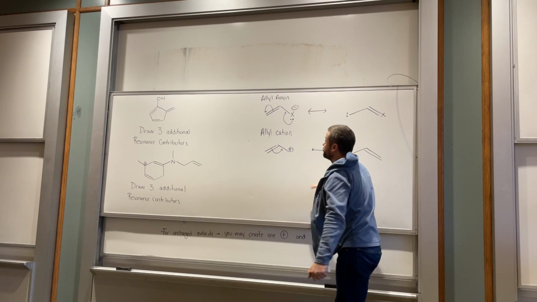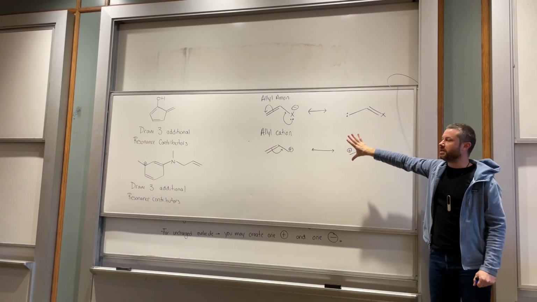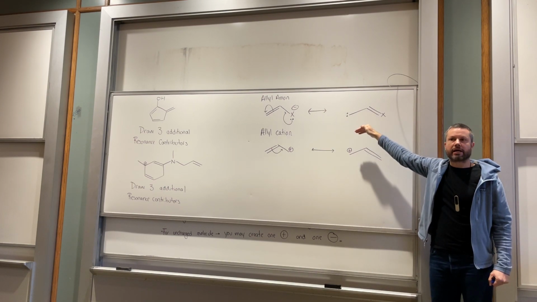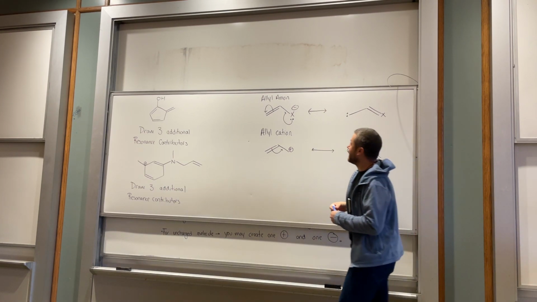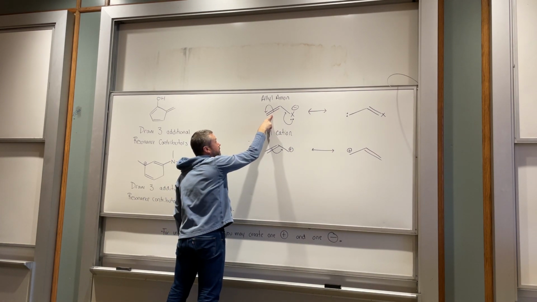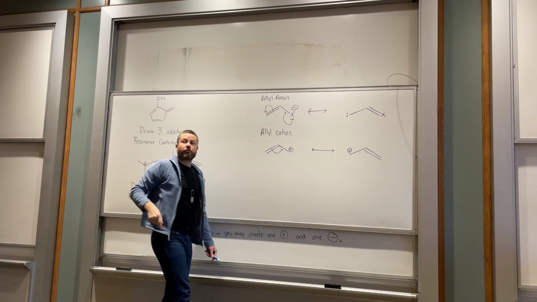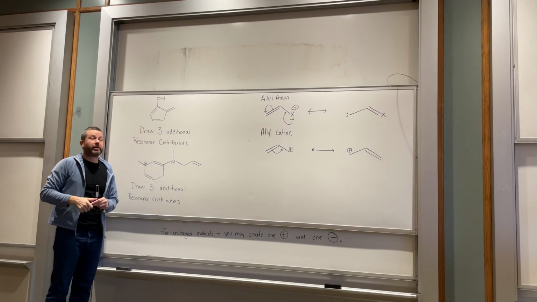95% of the resonance that you draw can be taken from these two examples, the allyl-anion and the allyl-cation. For the allyl-anion, what you're looking for is a pi bond that is one sigma bond removed from an element with a non-bonding pair.